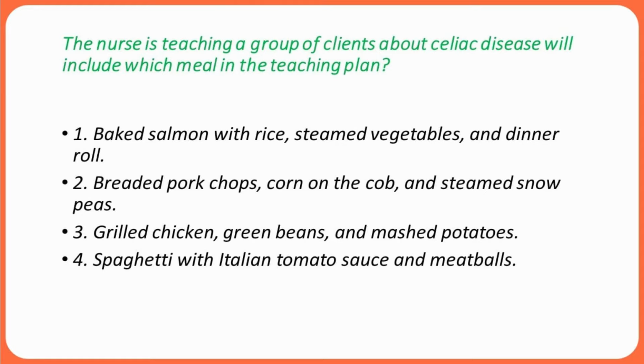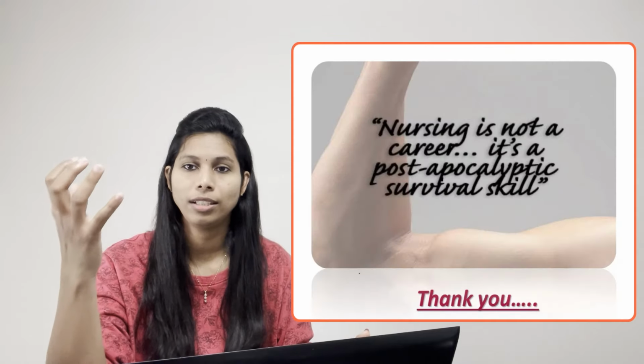The other 3 options are good up to a certain extent, or some of the selections in them are good, but not all are good. That's why we eliminate. Even an international nurse like me has difficulty finding out the foodstuffs here. That's why I recommend you to see the pictures and understand the ingredients.